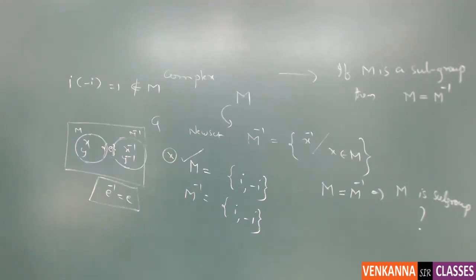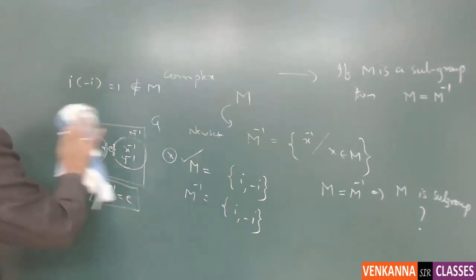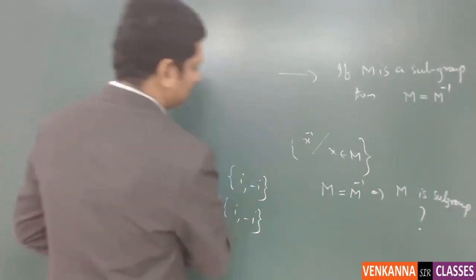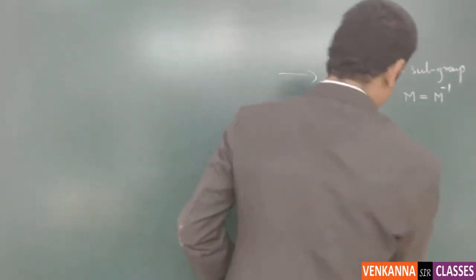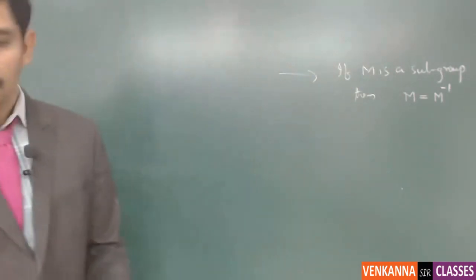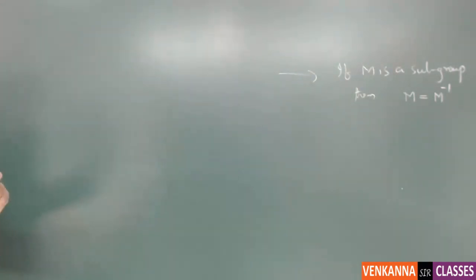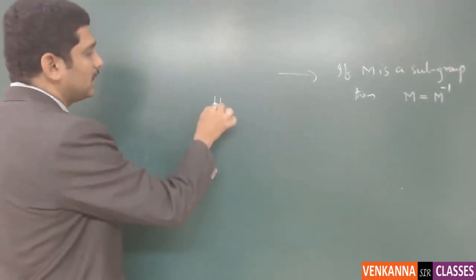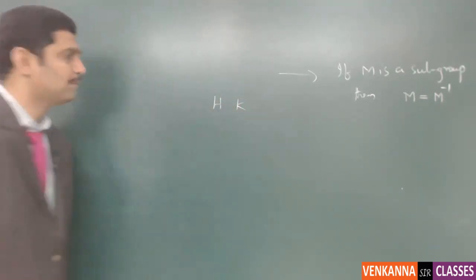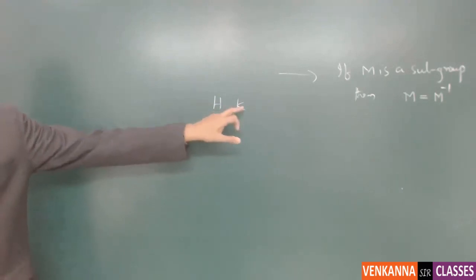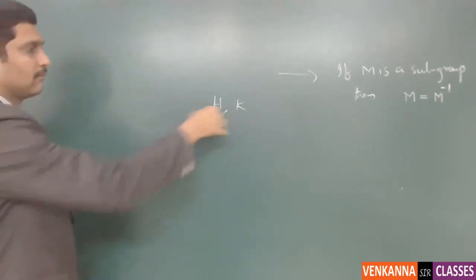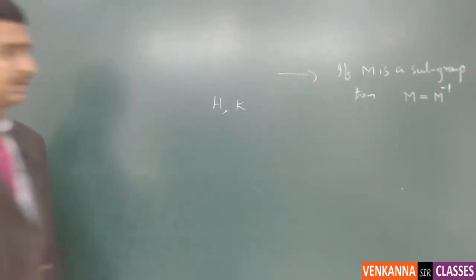Is it clear? Right. So the other result is, how do we multiply subsets? Say I have taken two sets, H and K. How am I multiplying them?